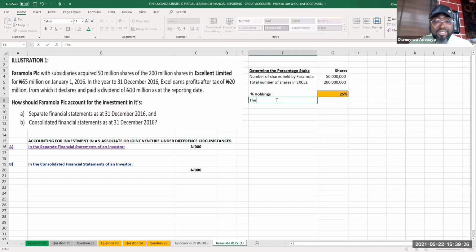Hence, the investment in Excellent Limited can be considered to have given rise to a significant influence.